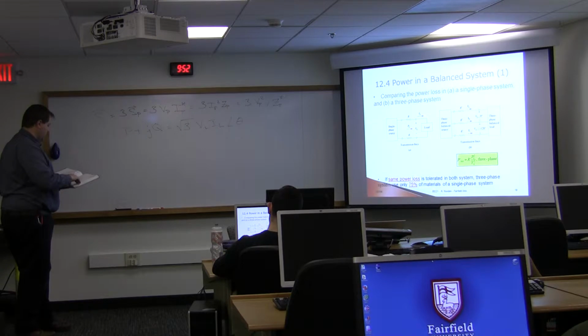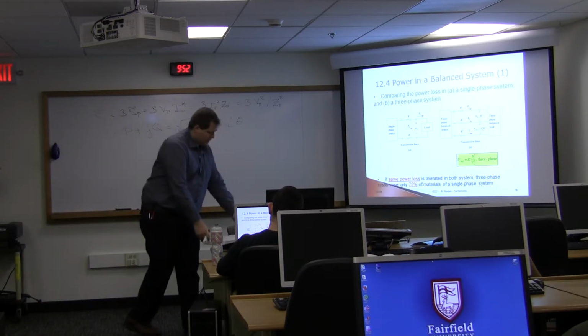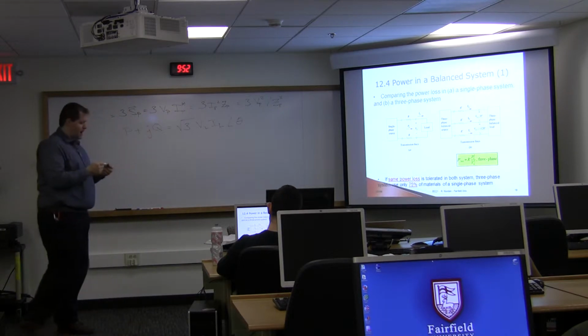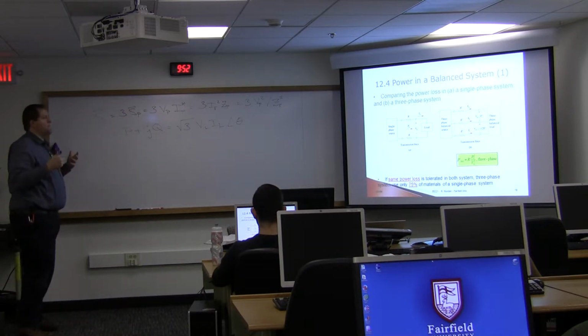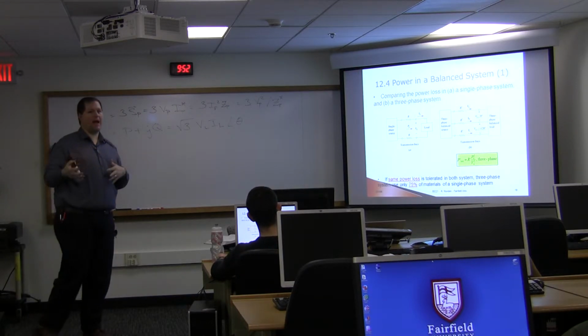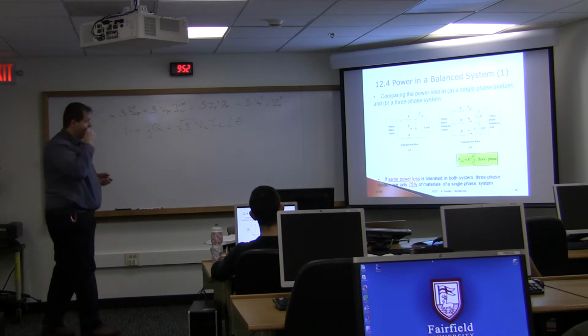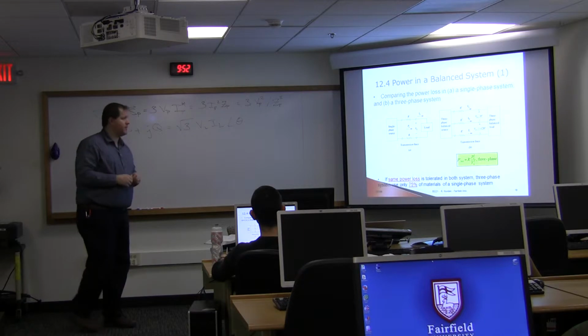So again, pretty straightforward. But the nice thing I mentioned previously is that with three-phase power, one of the main reasons that it is so popular is that it allows us to get our power more economically, right, for a variety of reasons. So we can kind of choose which way we want it to go.